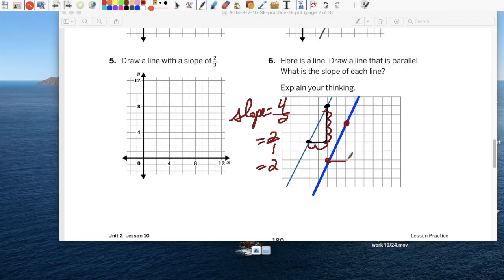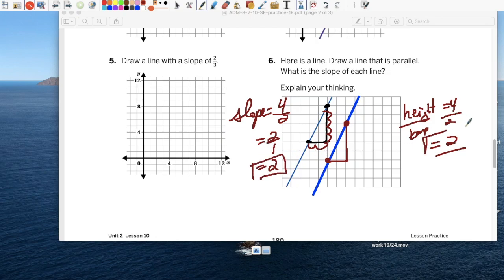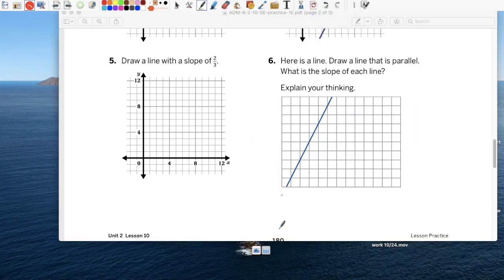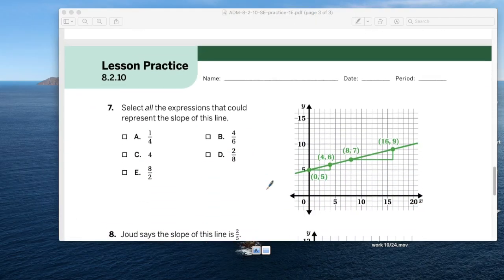And again, draw a triangle. I'll notice that the height is 4 and the base is 2. So look, they have the same slopes. If the line's parallel, then they have the same slopes. All right, nothing crazy there.